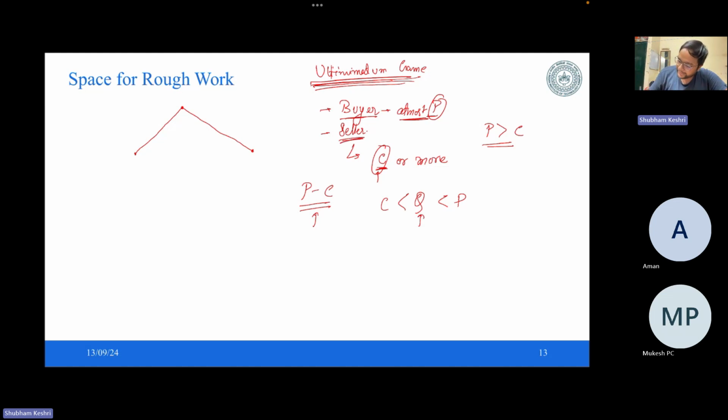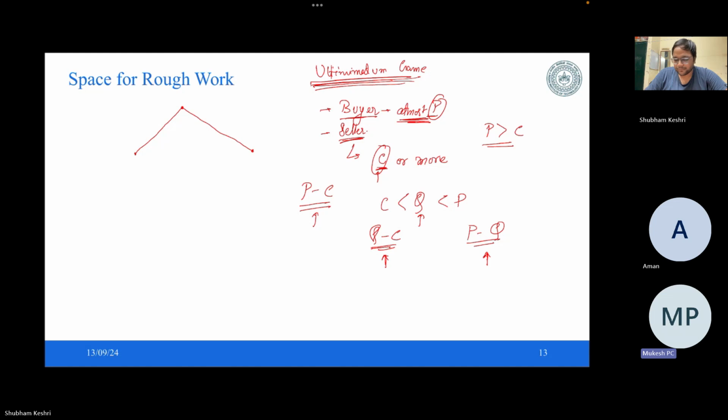The seller gets a profit of Q minus C, and the buyer, who was willing to pay at most P but paid Q, has utility P minus Q. Seller is trying to maximize Q minus C and buyer is trying to maximize P minus Q. Is this all right?